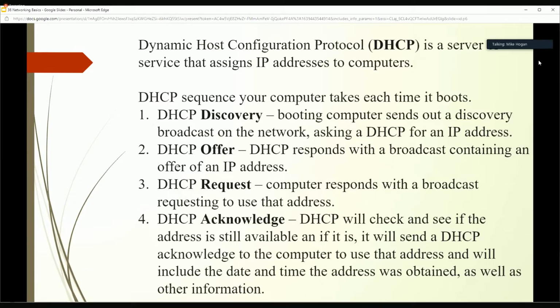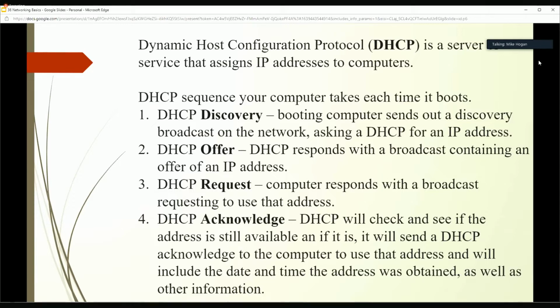And then the DHCP server will check it to verify that it's still available, because you could have multiple hosts that are coming on the network pretty close to the same time, and they may be in contention for some of those IP addresses. And so you may have an IP address that went out across the network, and multiple hosts saw that.